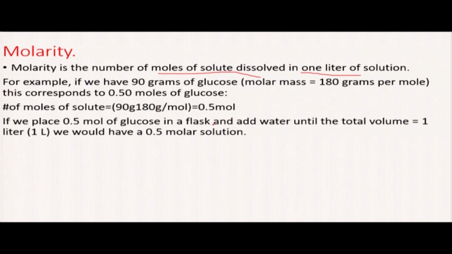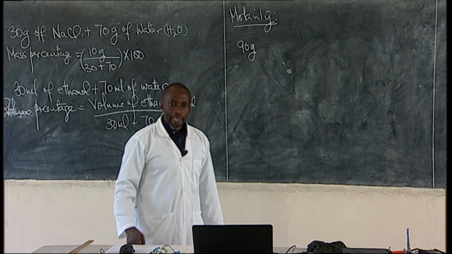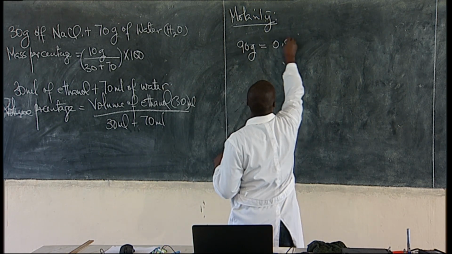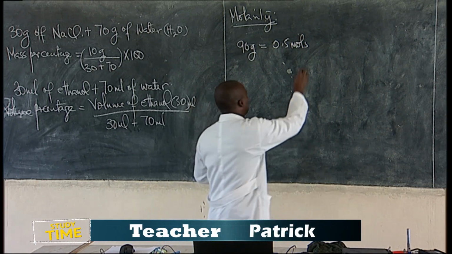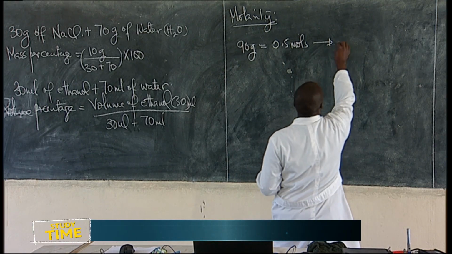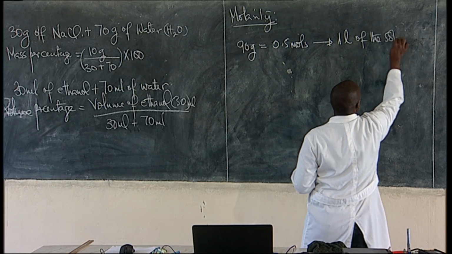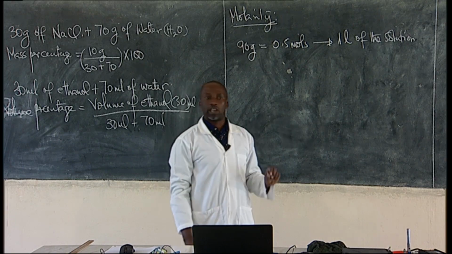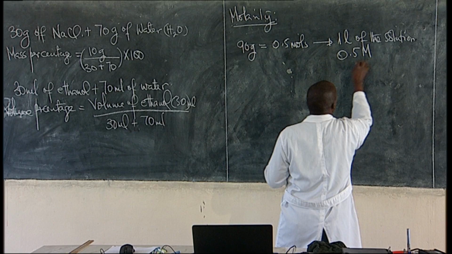If you get 90 grams weighed exactly, this is equal to 0.5 moles. And then you add this into 1 liter of the solution. This solution is labeled as 0.5 molar.